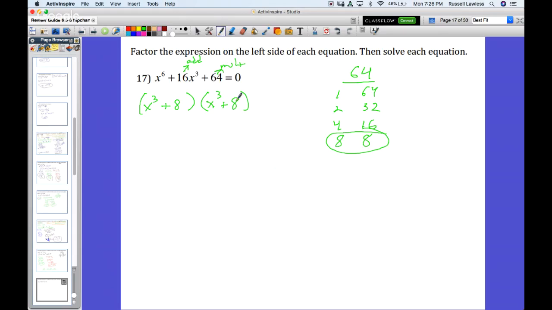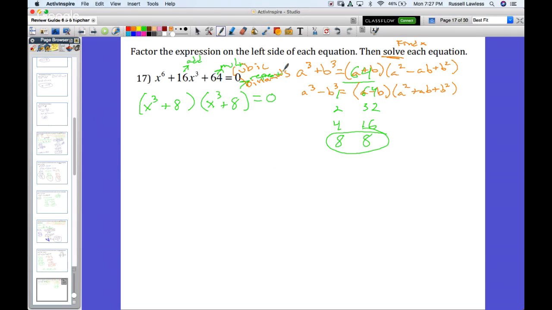Now the question is, how can we solve these? Essentially, because they're the same, they repeat. And because they repeat, we're going to have to use our equations here, the cubic binomial a cubed plus b cubed. So I'm going to write that equation: a cubed plus b cubed is equal to a plus b times a squared minus ab plus b squared.